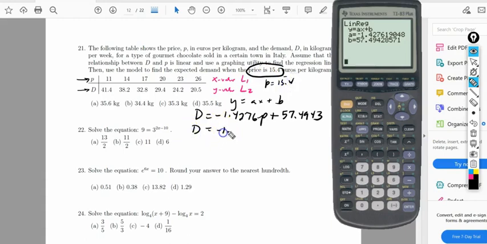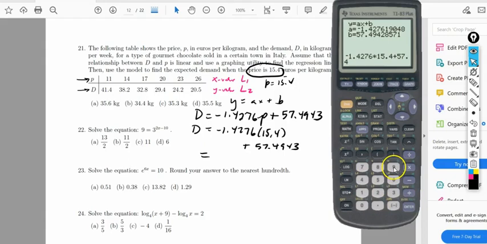So I'm going to put 15.4 into that equation, and then I'm going to take that answer to 1 decimal place. So I'm going to have negative 1.4276 times 15.4 plus 57.4943.